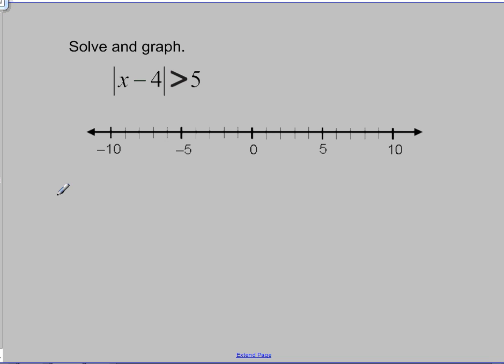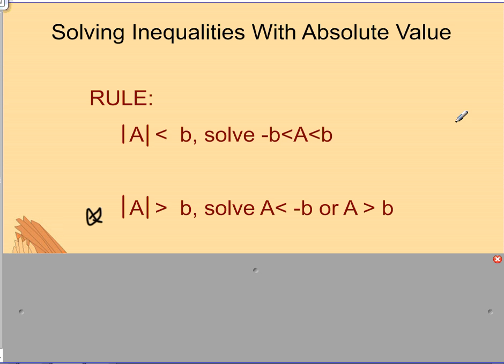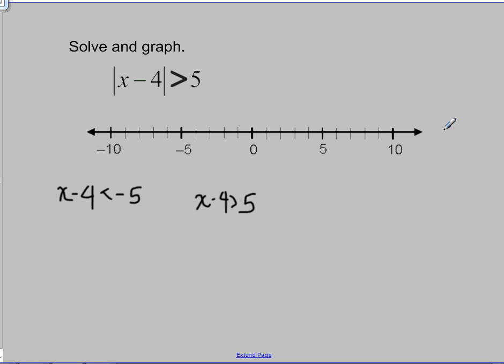So I'm going to say, okay, my a is x minus 4 is less than my negative b, which is negative 5. And then my x minus 4 is going to be greater than 5. Just like in this. All right, so then I can solve this like normal.